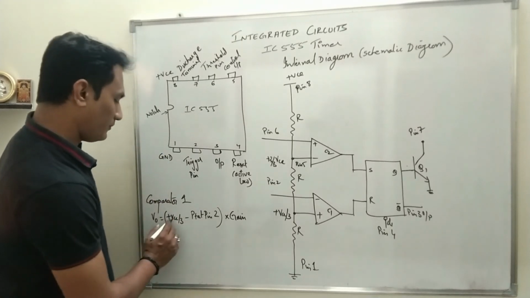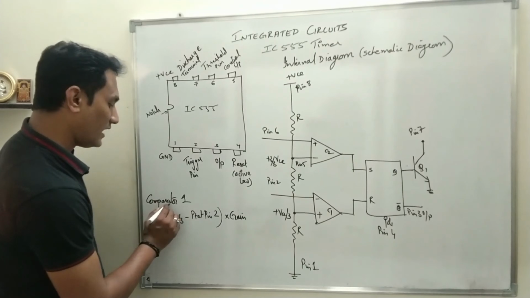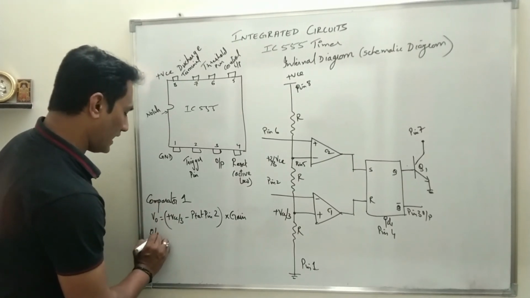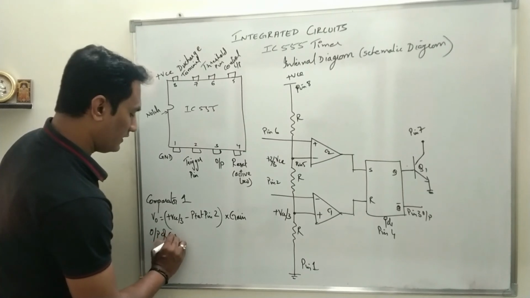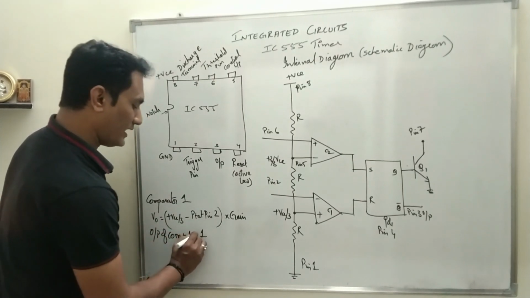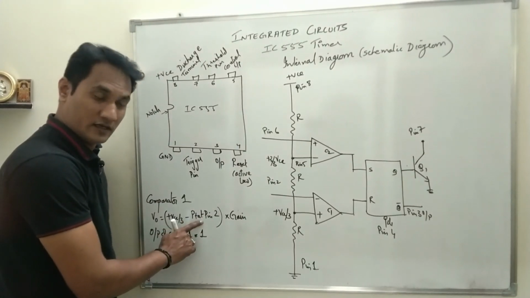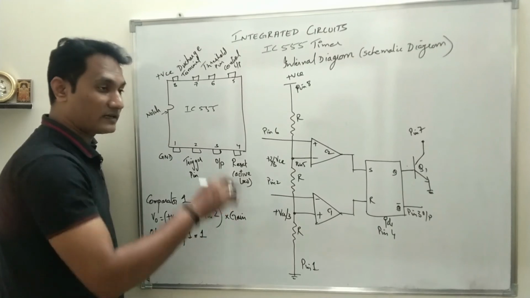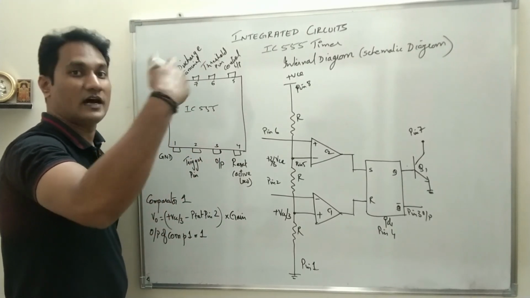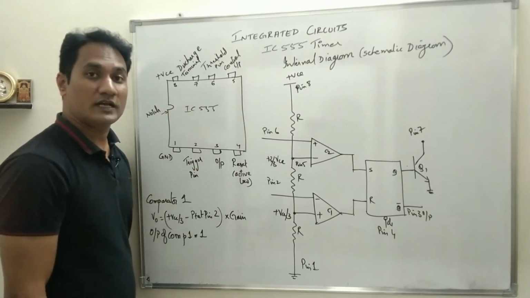So when will the output of the comparator become 1? We can write that the output of comparator 1 will be equal to 1 when the difference of these two is positive. Multiplied by the gain factor, it keeps increasing in the positive direction towards positive saturation, and the output will be plus VCC. That is when we call the output 1.